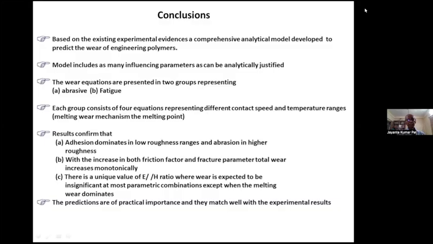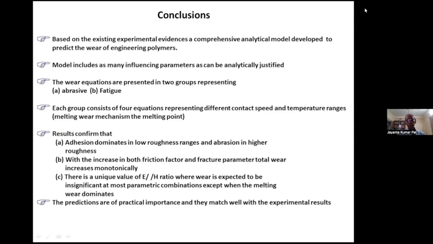The wear equations here are given in two groups, abrasive and fatigue. In each group, they are given for different temperature and speed conditions. High speed, low temperature, high speed, high temperature, low speed, low temperature, low speed, high temperature.